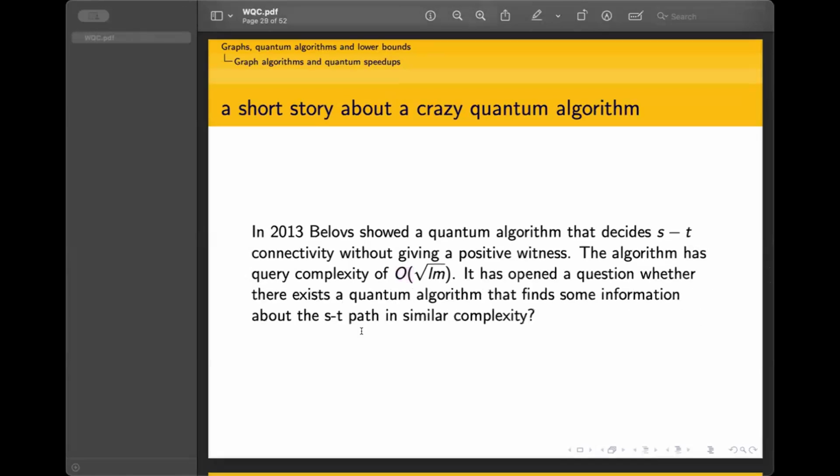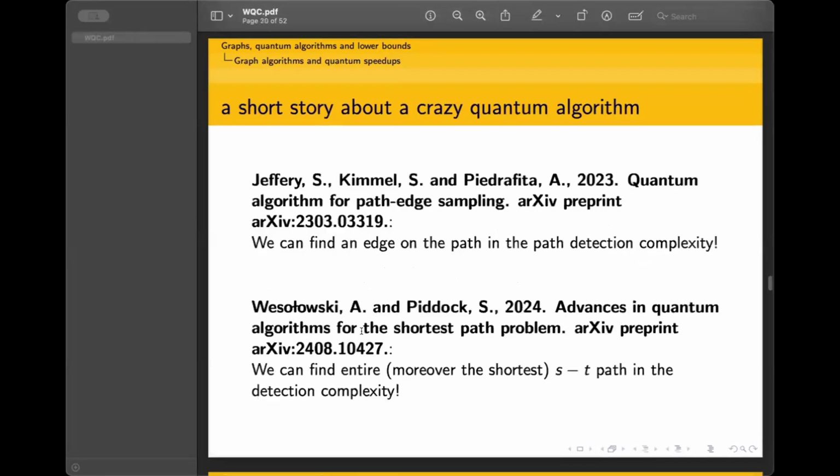Yes, so there's been this open question, and only last year Stacey Jeffery showed, in this paper with her colleagues, that in the path detection complexity, because you can think of this connectivity as path detection, right?